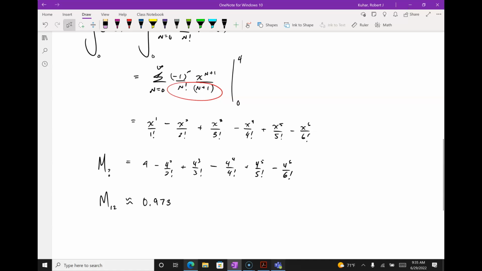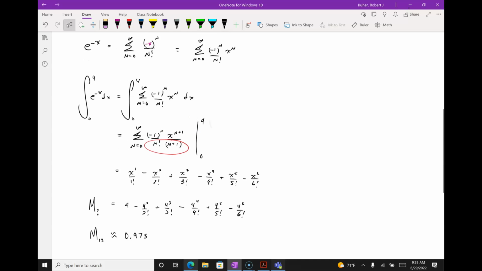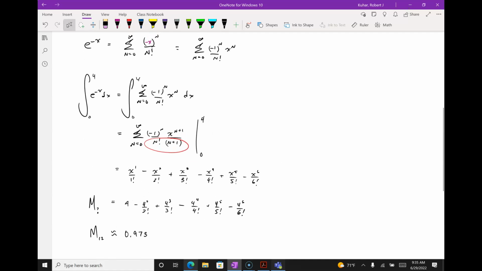But I really see the simplicity in turning things into sums of polynomials, as opposed to this exponential function or whatever we're dealing with. If I could turn everything into polynomials, it's really, really simple.